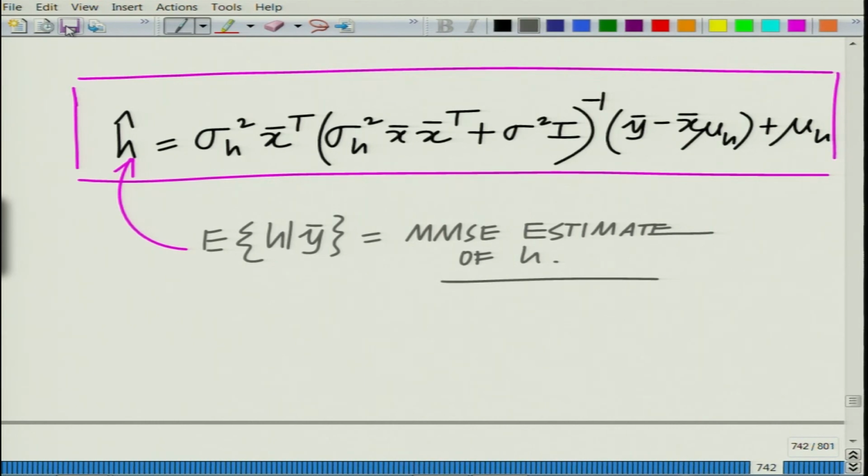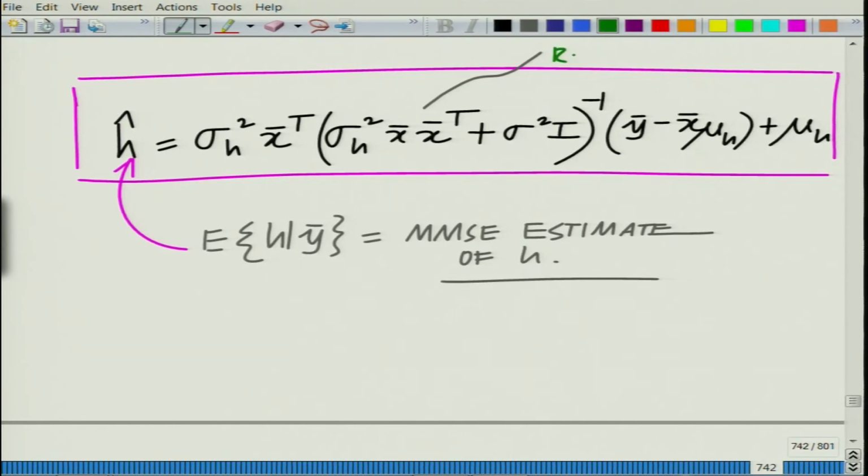All right. So, this expression can be simplified further. In fact, using the matrix inversion identity that we have seen in one of the earlier modules, it can be computed very efficiently, because this x bar x bar transpose is a rank 1 matrix.